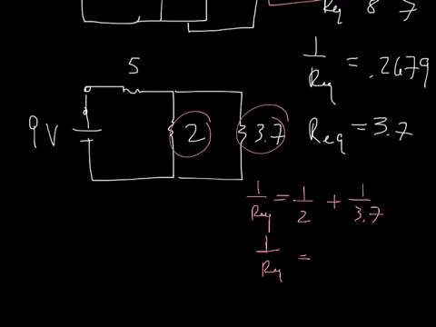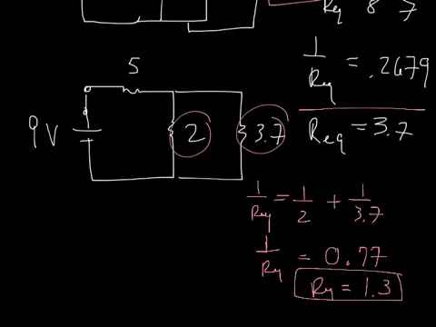What do you get as a decimal with a half and 1 over 3.7? Sorry, 0.77. Okay, so REQ comes out to be 1.3. Is that right? Yeah. Okay, so that's our REQ for these two.